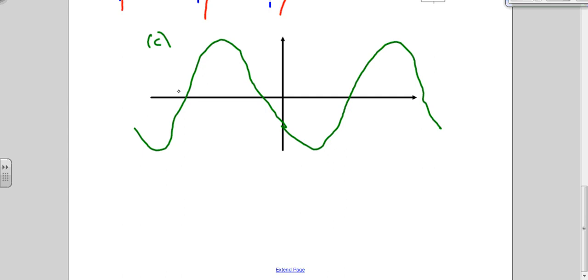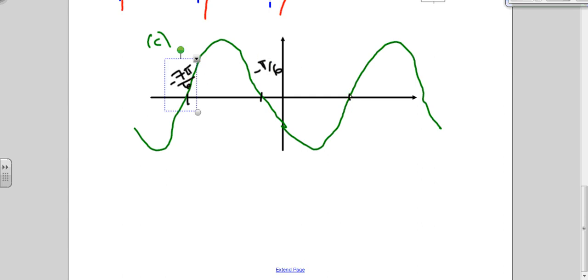So I'll put the measurements on. Instead of crossing the axis at 0, we're at minus pi over 6, remembering that we have a reflection in the x-axis as well. So that's why instead of going up first, we went down first. And here we have minus 7 pi over 6 instead of crossing at minus pi.